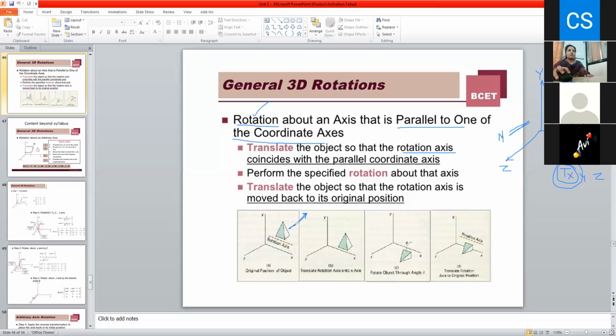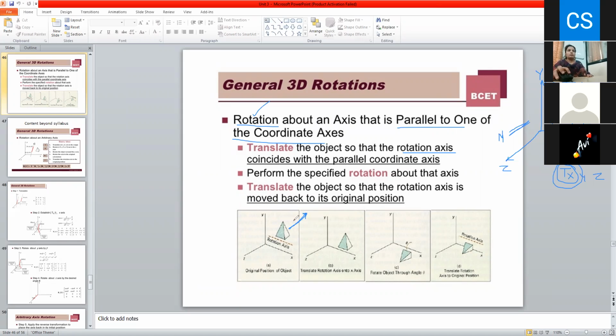Okay, getting the difference between these two arbitrary axes. एक दोन्ही आर्बिट्ररी ऍक्सिस आहेत, फक्त एक ऍक्सिस जो आता बघितला आपण तो पॅरलल टू कोऑर्डिनेट ऍक्सिस होता आणि आता हा ऍक्सिस आहे विच इज नॉन पॅरलल टू एनी ऑफ द कोऑर्डिनेट ऍक्सिस. इट इज इन द स्पेस and still we have to carry out the rotation about this axis.